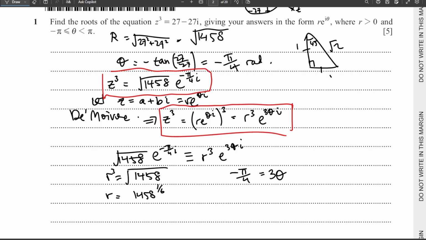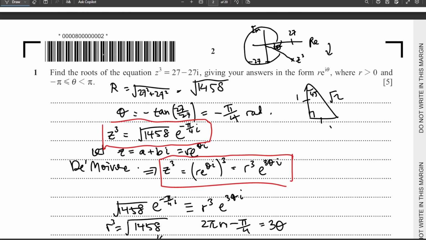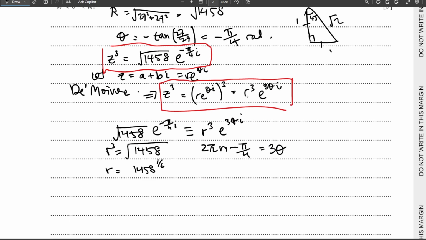But it's not complete, because we also have to add the term 2 pi n, since there's an infinite number of solutions. For this particular question we have boundaries to deal with. It's z cubed, power of 3, meaning there will be three different roots. So let's deal with this.